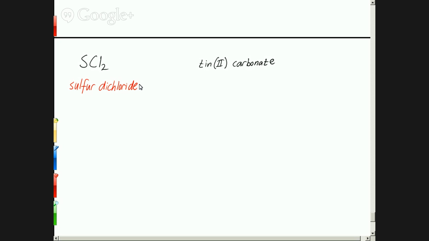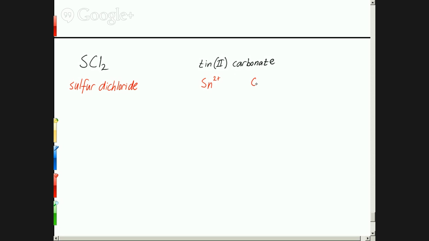Yeah, go ahead. Sn plus, would be plus 1. How'd you get plus 1 for the Sn? Okay. Was it right? No, but you're close. We know the charge here. Anybody know how we know the charge? We don't have to guess. It's 2. How do you know it's 2? Because it says 2 in the parentheses. So we know this is going to be tin plus 2.